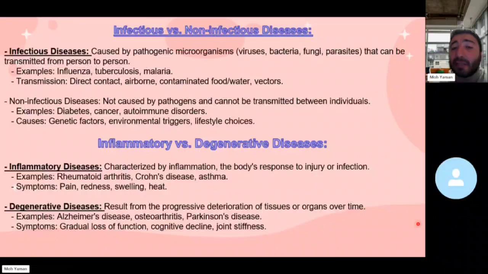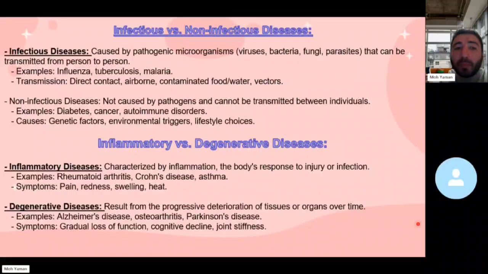Inflammatory and degenerative disease. We already explained inflammatory disease. Again, inflammatory disease is characterized by inflammation, or the body's response to injury or infection. We can take here rheumatoid fever or Crohn's disease, asthma as well.